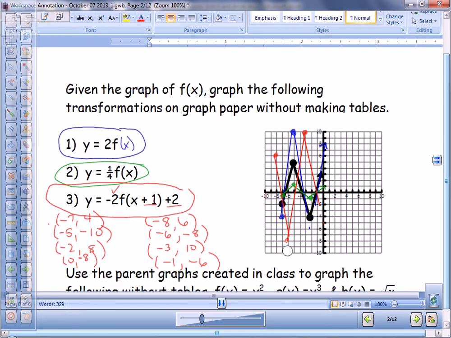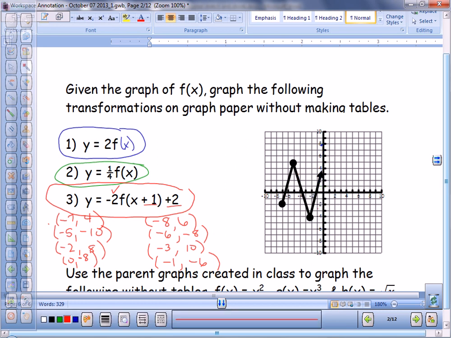Okay, I am going to show you this because looking at it all at once is a little overwhelming and just a big mess. Okay, so we'll start off with the blue. So y equals 2f of x, and I left that part out for some reason. So f of x means the same thing as y, doesn't it? So this means double your y's. If I took this point and doubled my y's, it would go from -2 to -4.